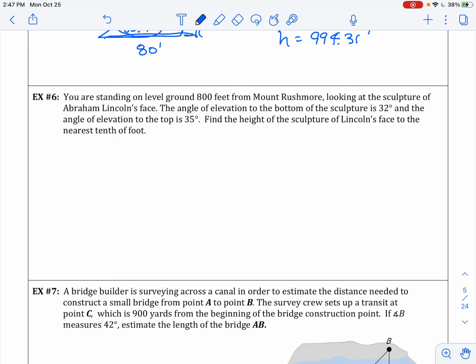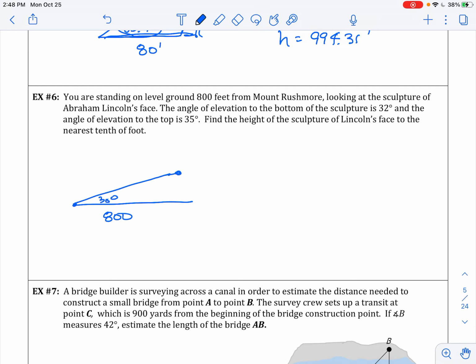Let me just set up number 6, though, just to see if we can do that one, because it's a little bit tougher. This one says you're standing 800 feet from something, okay? Looking at a sculpture of Abraham Lincoln's face. The angle of elevation to the bottom of the structure is 32 degrees.